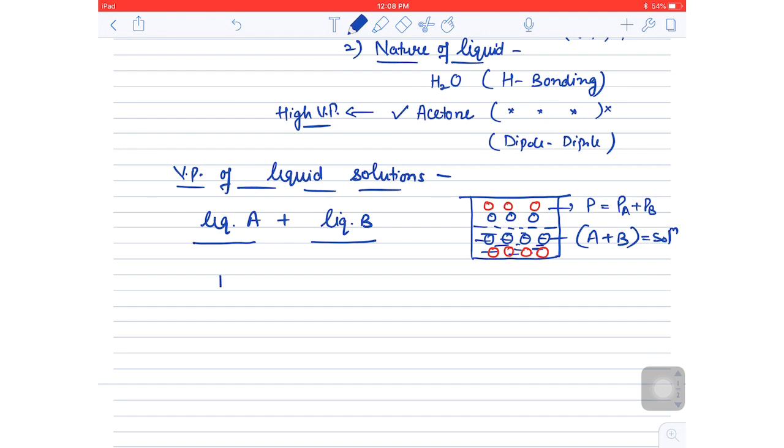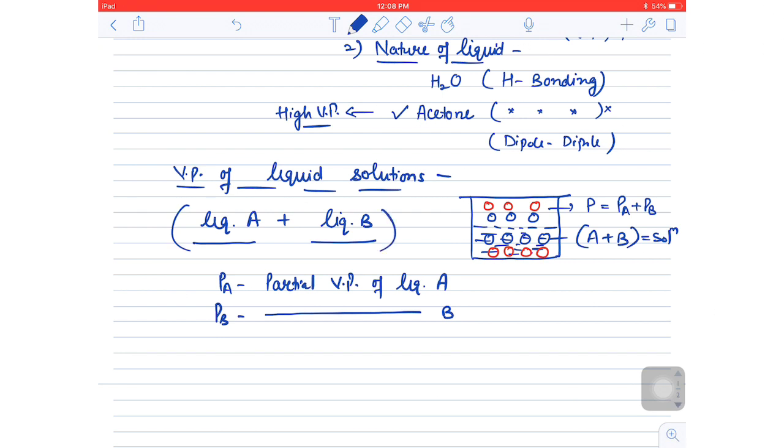So this PA is the partial vapor pressure of liquid A, and PB is the partial vapor pressure of liquid B.